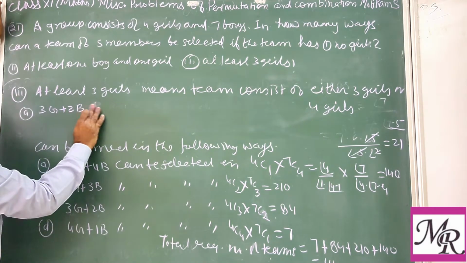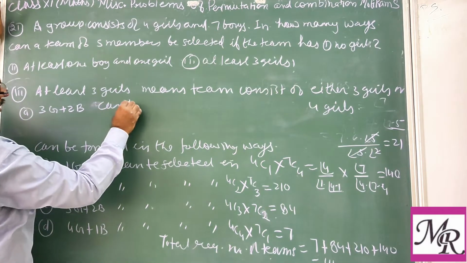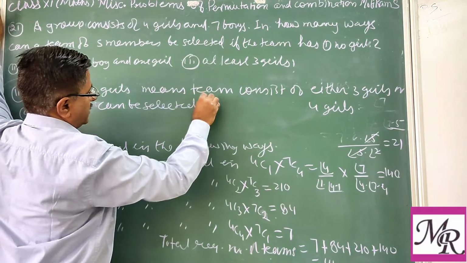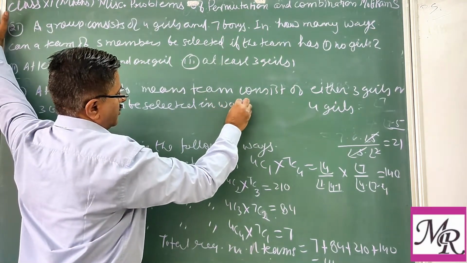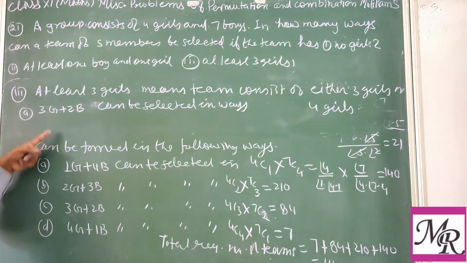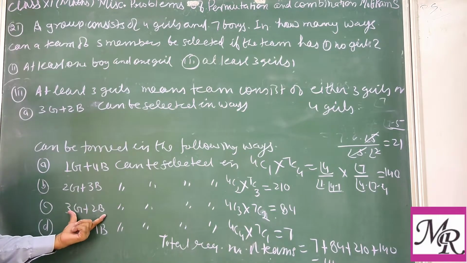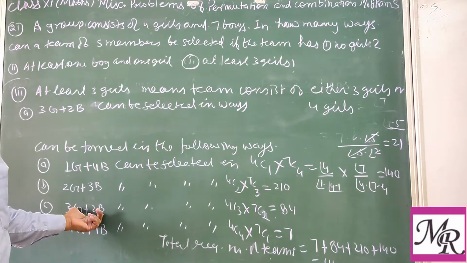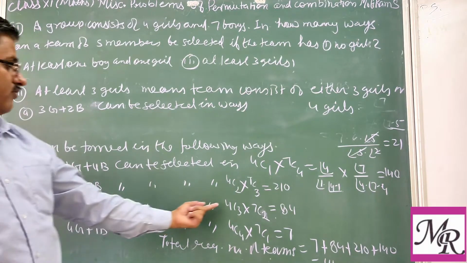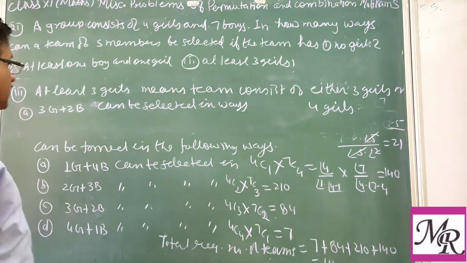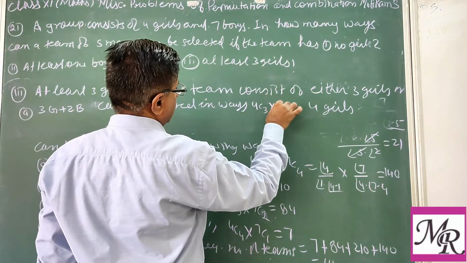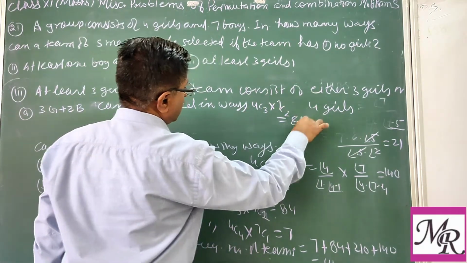We have already solved this. 3 girls, 2 boys can be selected in 4C3 into 7C2. So 4C3 into 7C2, that is 84.